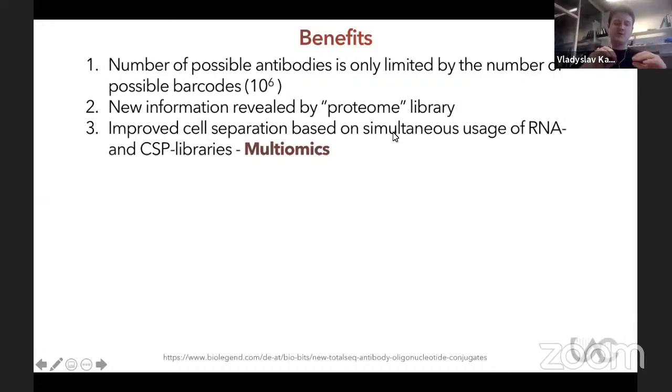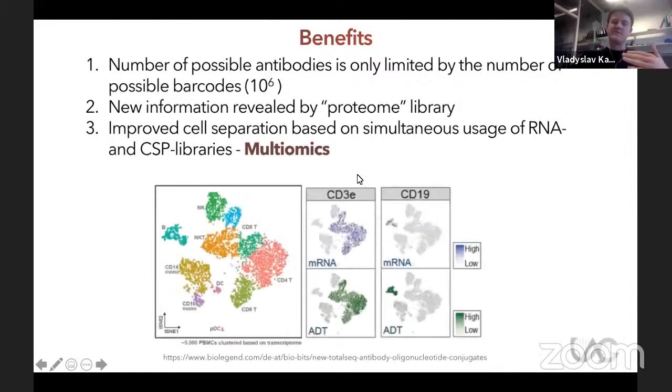And especially with the new version of Seurat, you can cluster your cells based on the information of the transcriptome and the proteome together. So it is pushing us towards the multi-omics principle, as shown in this picture, for example.